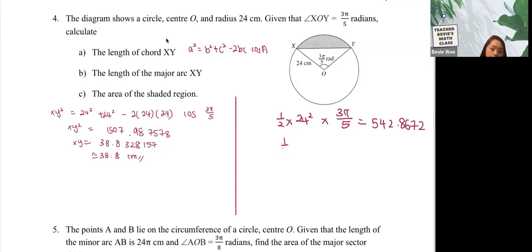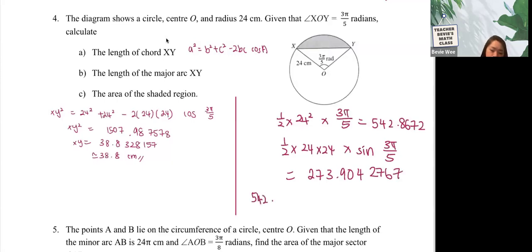Area of triangle, half A, B, sine 3 pi over 5. This step is important: radian mode. That gives 273.904277. So I'll take area of sector minus away the triangle from there.